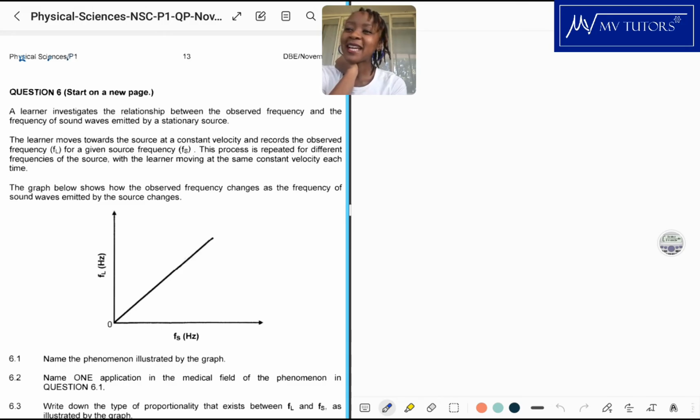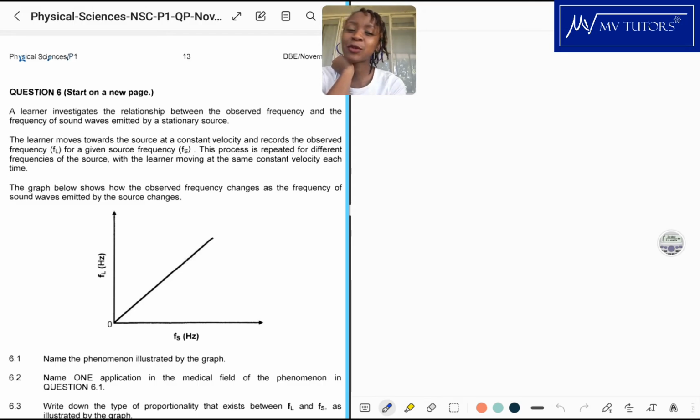So, a learner investigates the relationship between the observed frequency and the frequency of sound waves emitted by a stationary source. The source is stationary, so the velocity is 0. Now the learner moves towards the source at a constant velocity and records the observed frequency for a given source frequency.